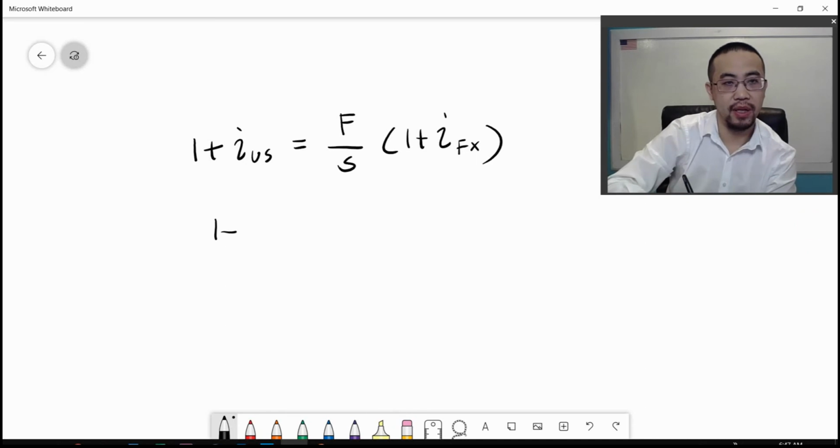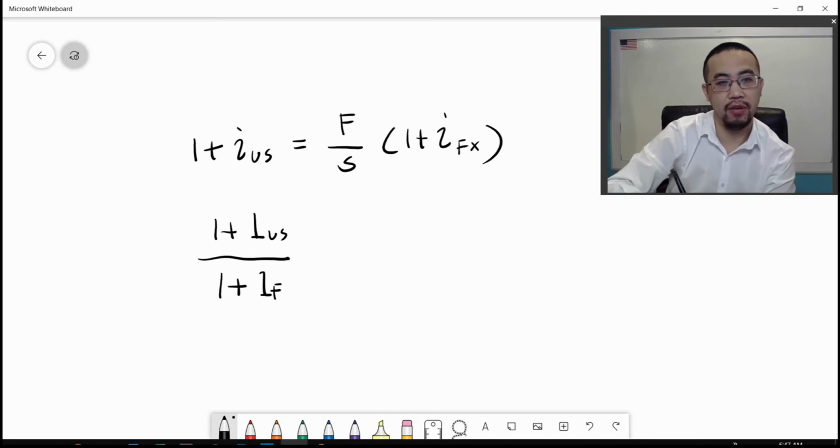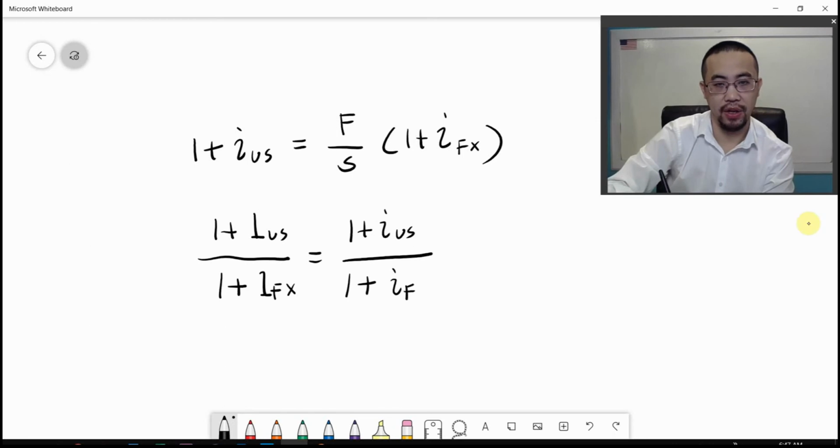All right, and these are the nominal interest rates. According to the Fisher effect, we can see that 1 plus the U.S. inflation over 1 plus the foreign inflation equals 1 plus the U.S. interest rate over 1 plus the foreign interest rate.